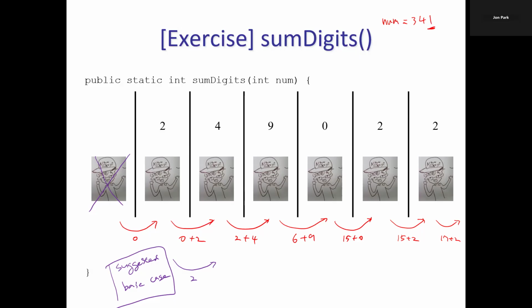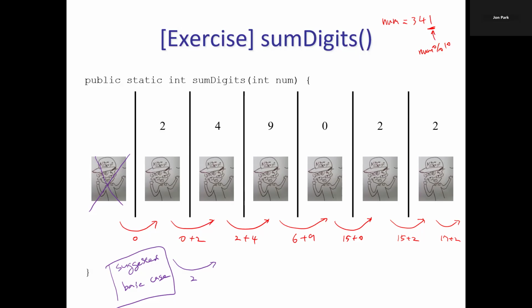How do you get the last digit by doing mod? Yes, Angel. I'm doing mod 10. 1. Yes, good. So if you do num mod 10, that's saying if you divide num by 10, what's the remainder? Which is basically the least significant digit, which is just 1.